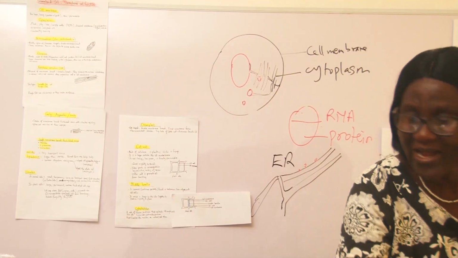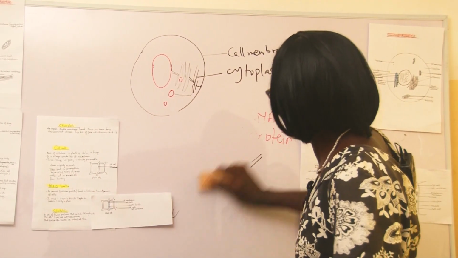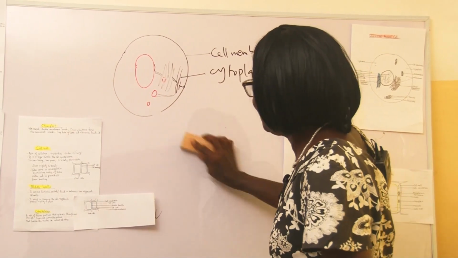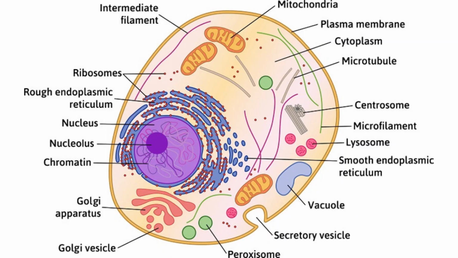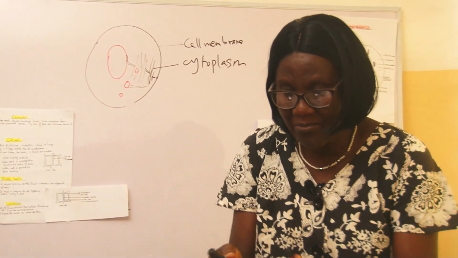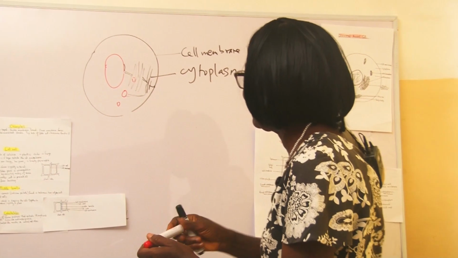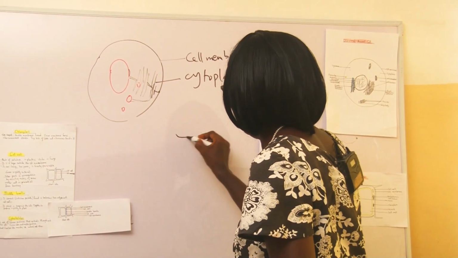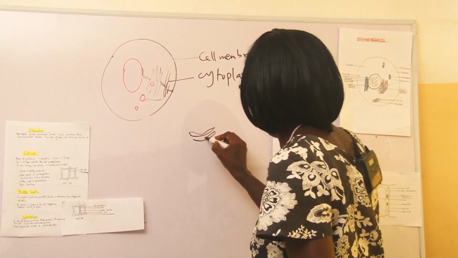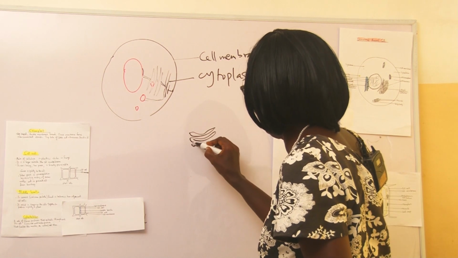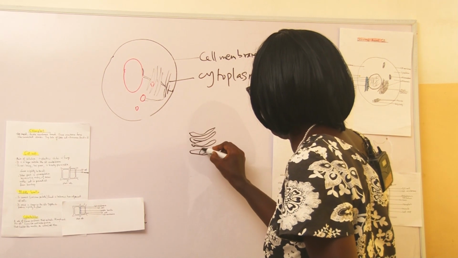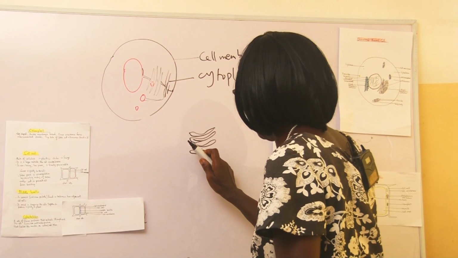Then there's also another structure in the cell called the Golgi body. Golgi bodies are just stacks of membrane bound flattened sacs, something like this.